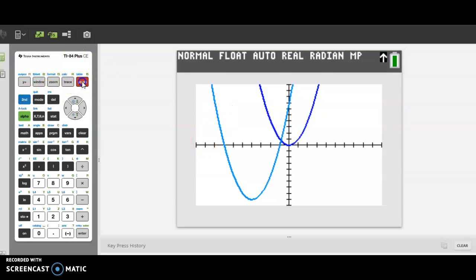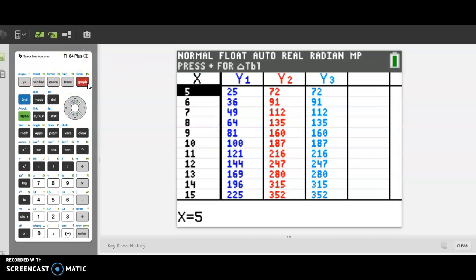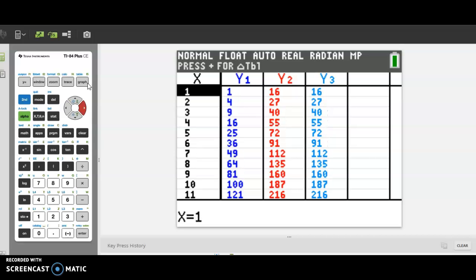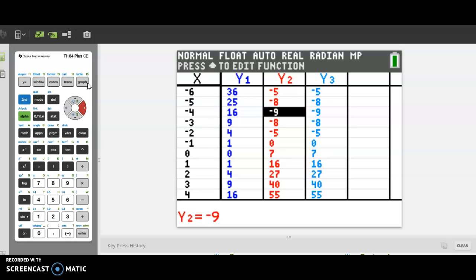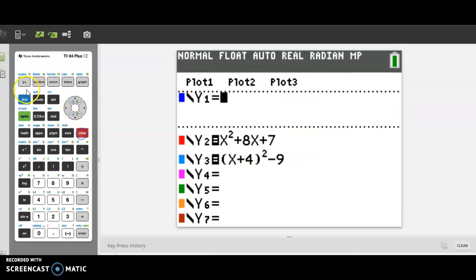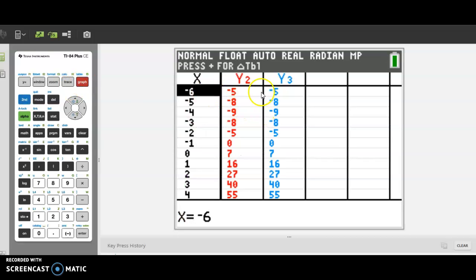I can also look at the tables. If I go back to my tables, I'm looking specifically at my red and my baby blue problem there. But what I actually only care about is that the turning point happened at -4, -9. So it might make sense if I cleared out this other one, go back to my table and show that the turning point happened at -4, -9.